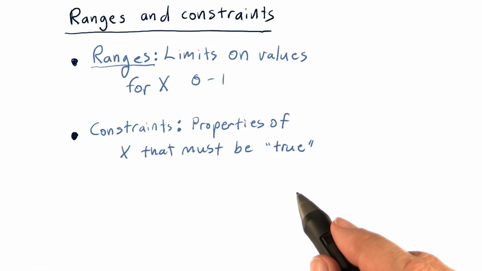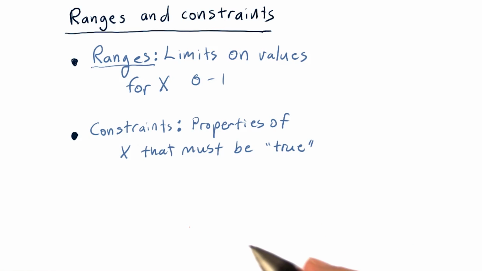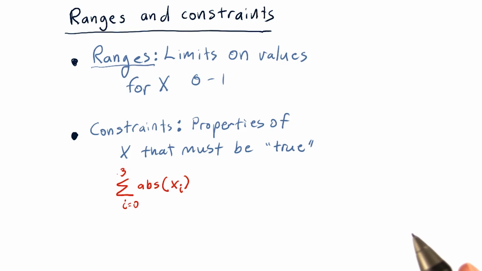Another thing you can do with the optimizers in NumPy is provide constraints. Constraints are properties of the values of x that must be true. As an example, we want the sum of our allocations to add up to 1. Let's say we're trying to optimize a portfolio of 4 holdings, so we have x0, x1, x2, x3.